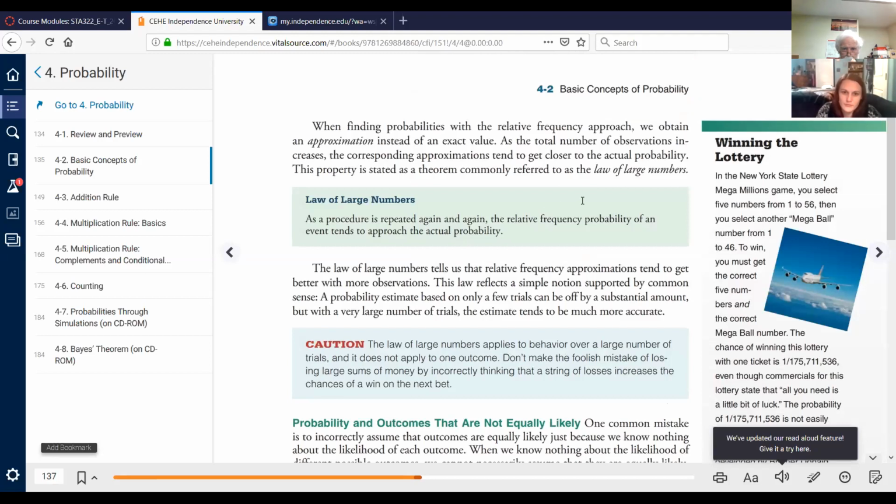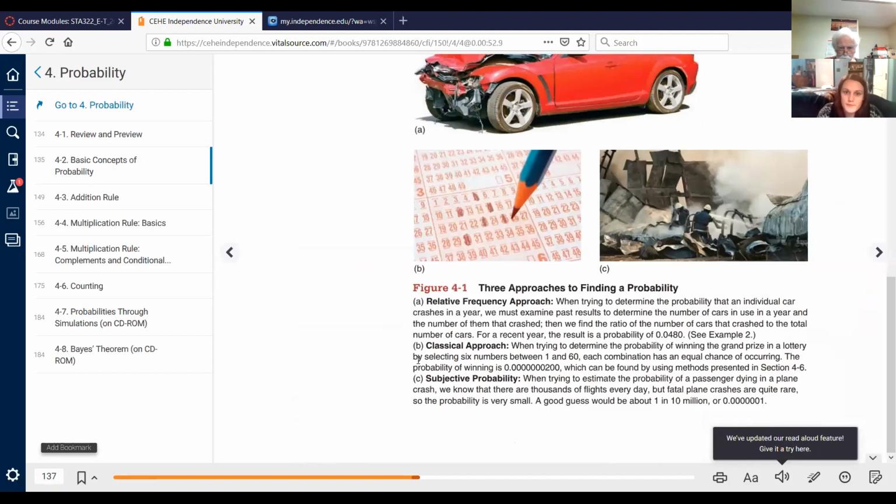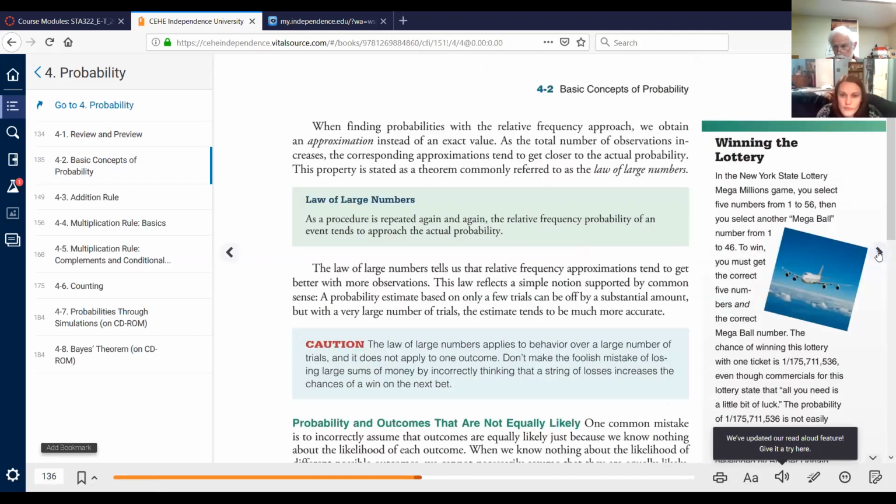But we also need to know that using things like the relative frequency calculation and even going back and using, what did we call it? The classical approach of just calculating the possible number of outcomes, assuming they're all equally possible.